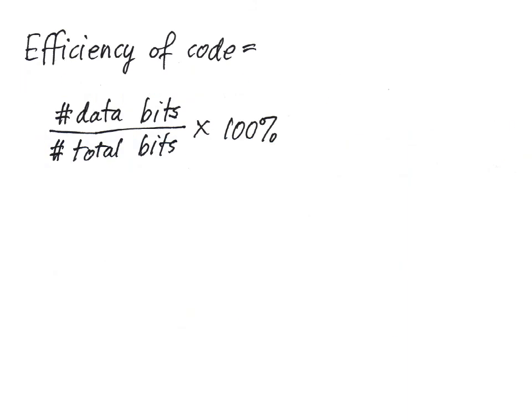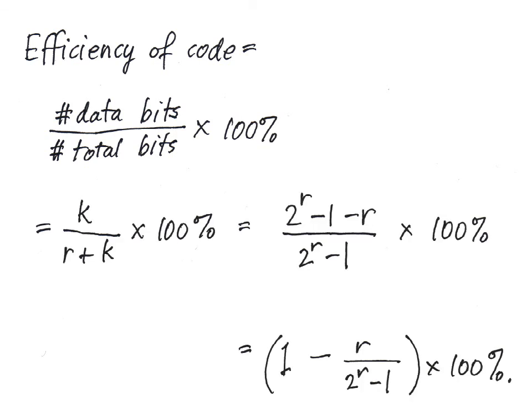So using my definition of efficiency of the code, that is the fraction of total that actually conveys data, it turns out that the Hamming code has an efficiency that may be calculated as a function of r, where r is the number of parity bits that are included.